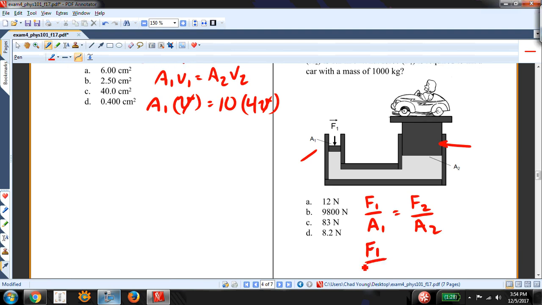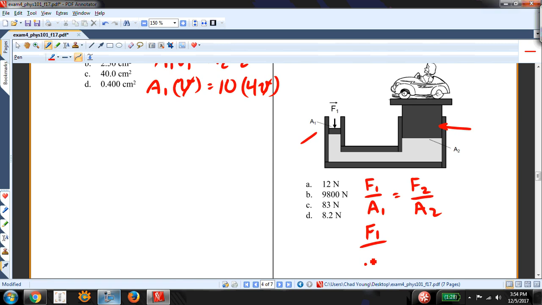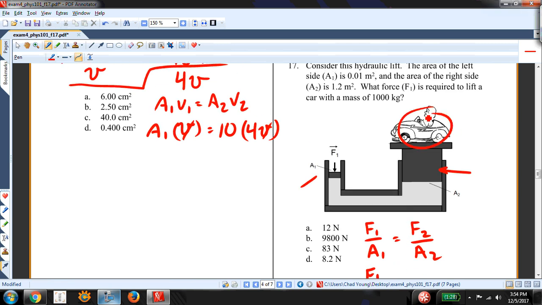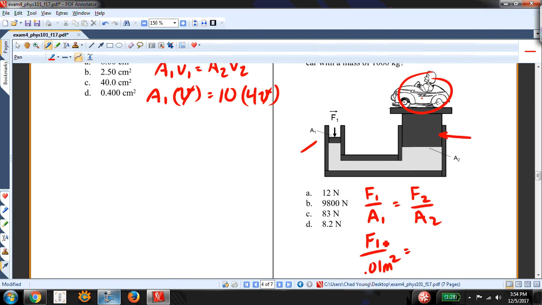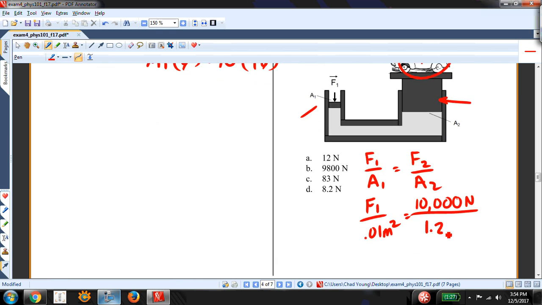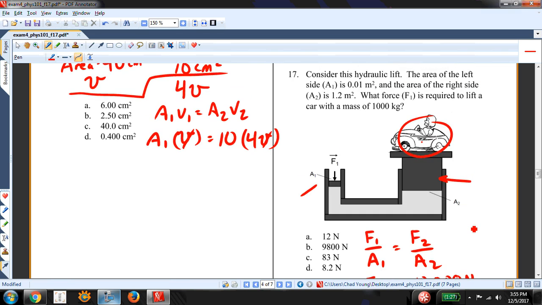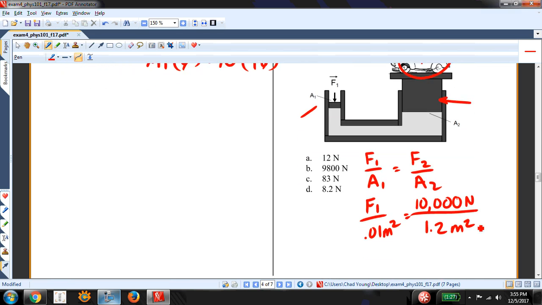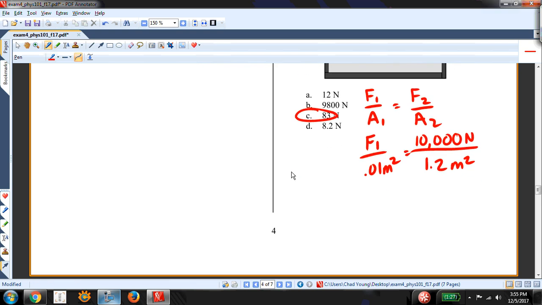So I'm going to have F1 over, what was it, 0.01, is equal to F2, which is going to equal the weight of this car, which is 1,000 times 10, or 10,000 newtons, divided by A2, which is 1.2 meters squared. Now my area has increased by a factor of 120. So that means that my force is going to decrease by a factor of 120. So solving that I get F1 is equal to 83.